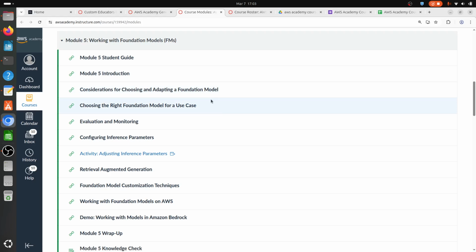Which model to choose, how do I adapt that model, what kind of training infrastructure is required for adapting the model, choosing the right foundation model for a use case. So if my application is so and so, which foundation model will be beneficial? If my application is something different, which model should I prefer over an existing model?